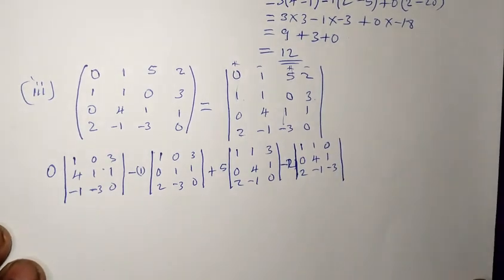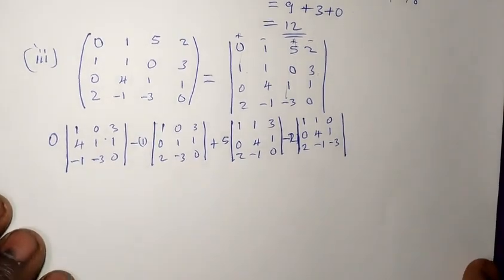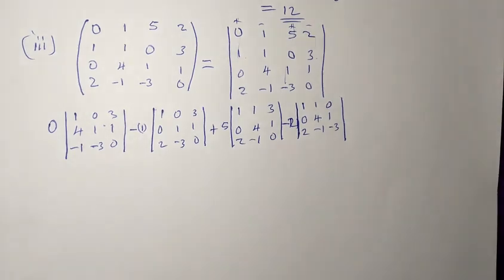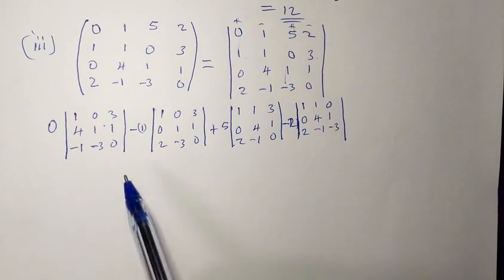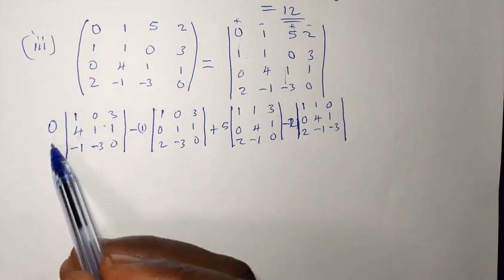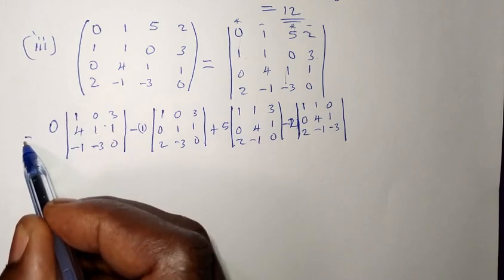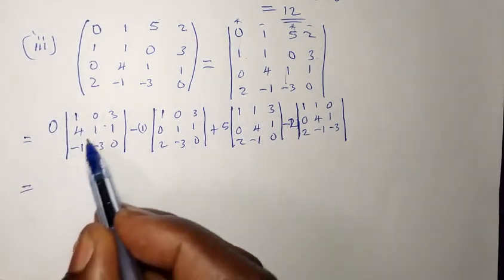So if you check this, it cannot give us the determinant. There is need for us to resolve this one again as 2 by 2 matrices. But there's one thing I will not want us to do. You see, everything here is multiplied by 0. So we don't need to waste our time on this. This will just go.